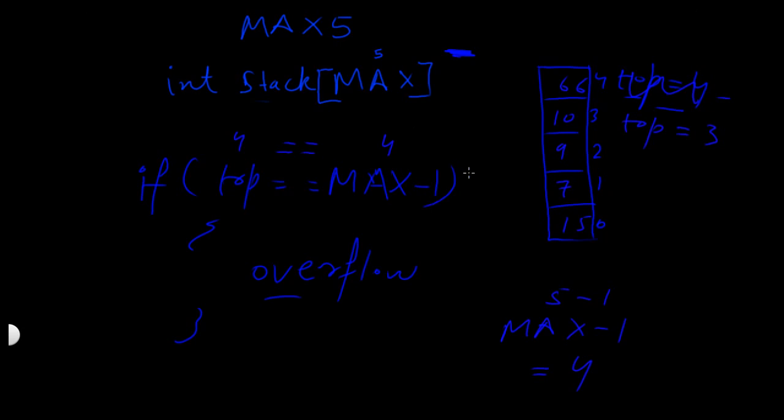The value of top at this point is 3, so is top equal to max minus 1? This condition becomes false because top is 3 and max minus 1 is 4, and this is not an overflow condition. So this is how an overflow condition is checked.